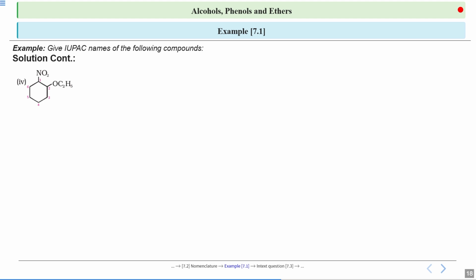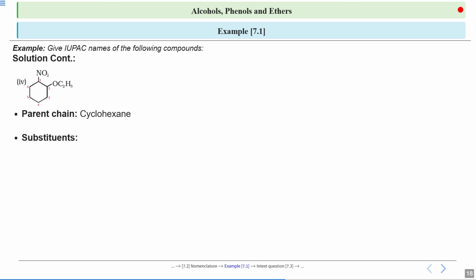Next compound, the fourth compound, is again a nitro cyclo group attached with OC2H5. So this is also an ether. We have done the numbering. The parent chain will be, of course, cyclohexane because it contains 6 carbons, and in the other alkyl group we have only 2 carbons. So the parent chain is cyclohexane.